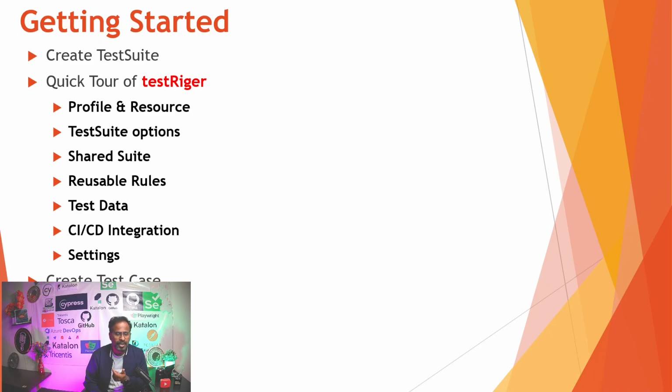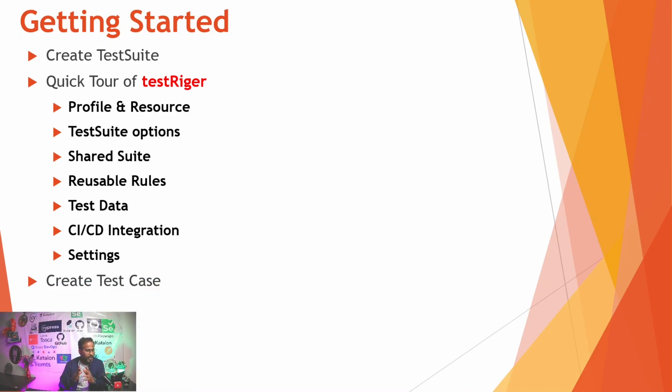I'm going to show you how we can create a TestSuite and what are all the different options available, and then I'll take you through the quick tour of testRigor where I'm going to discuss the profile and resources, what are all the different test suite options that are available, and how you can create shared suites, and then how you can create reusable rules, reusable functions, or reusable test blocks in testRigor, and then how you can use the module called test data, and how you can integrate your test suites with CI/CD integrations, and what are all the different options available in the settings of your testRigor, and then how we can create the test cases in testRigor.